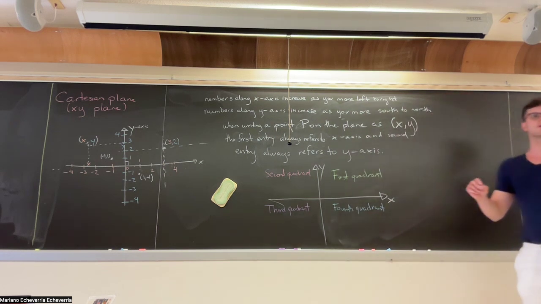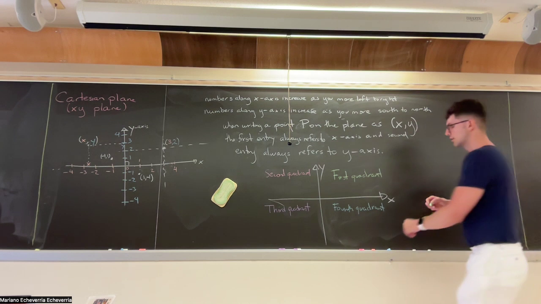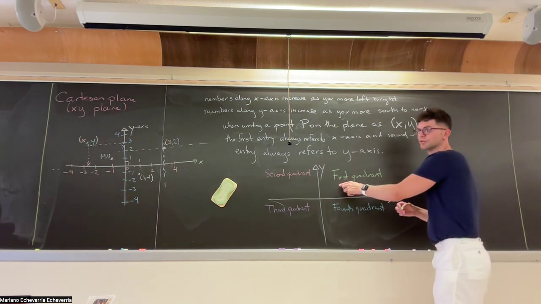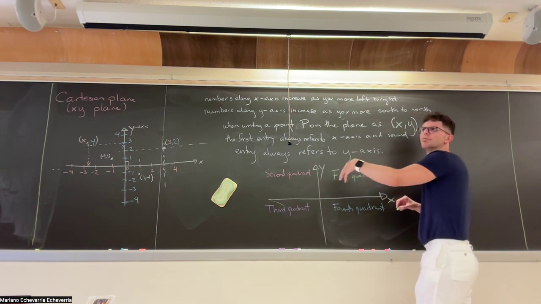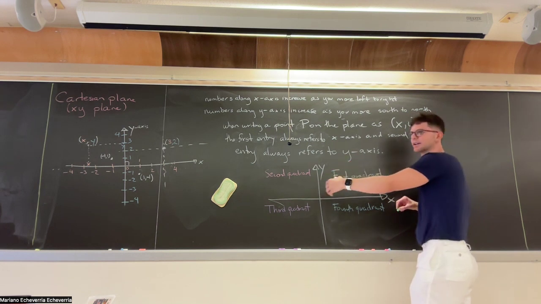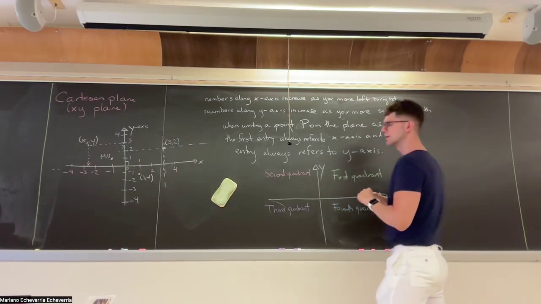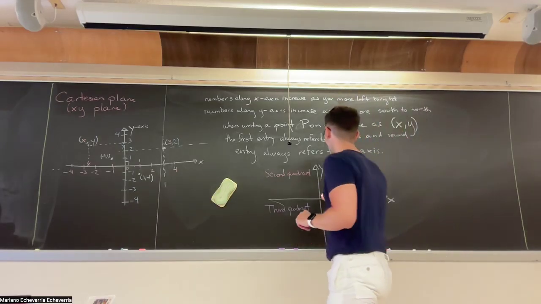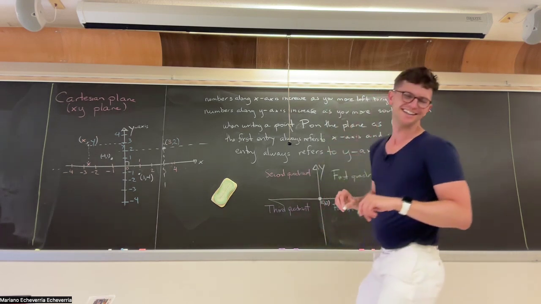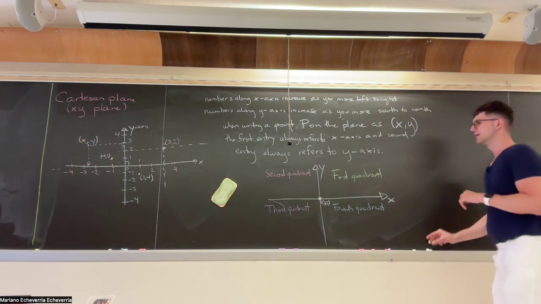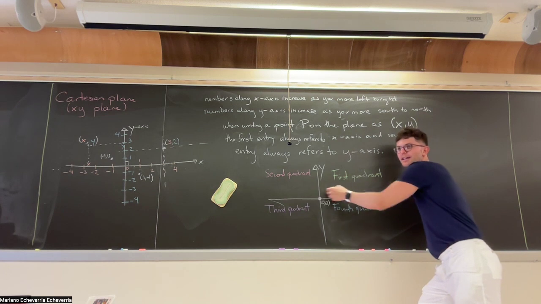What's useful to remember about them is, if you have a point on the first quadrant, what does that mean? Think about it as north, south, east, west. With respect to the origin, which by the way, I should have said, is the point (0, 0), the most important point on the plane, to get to the first quadrant you move east and then north.